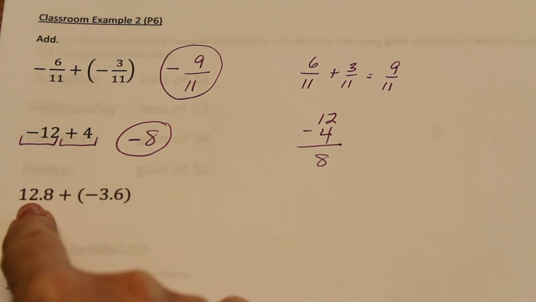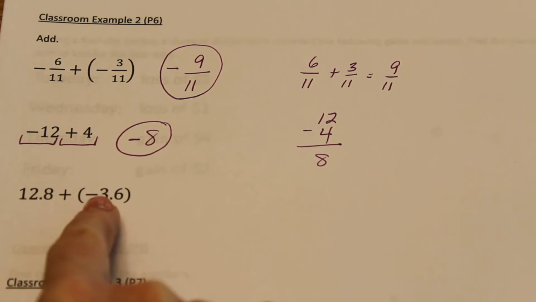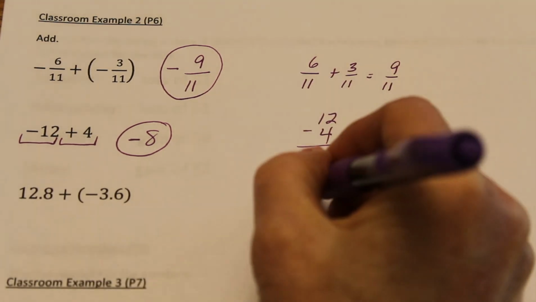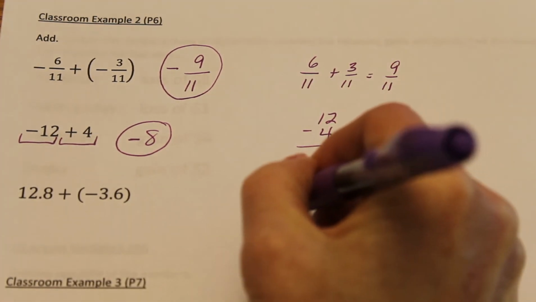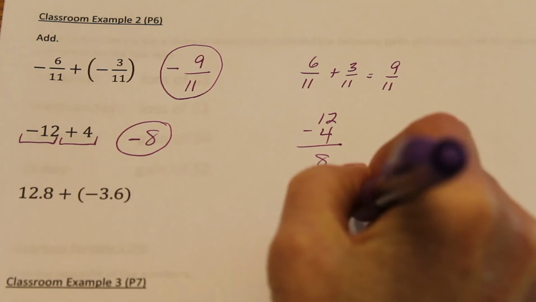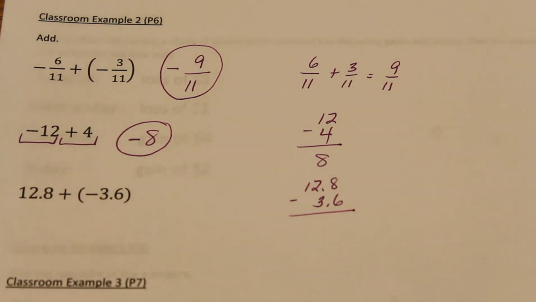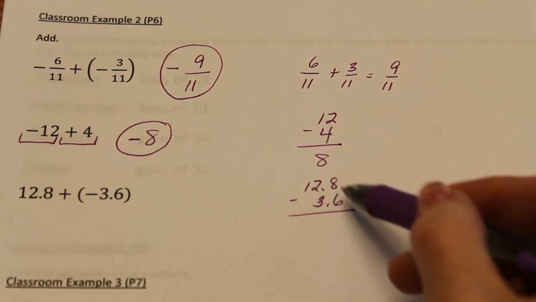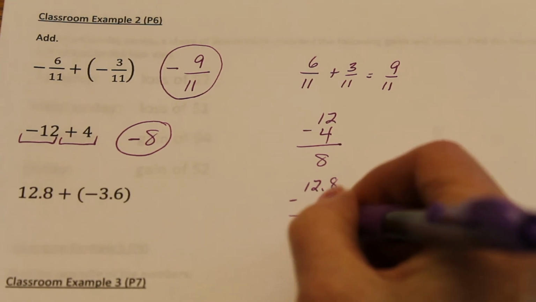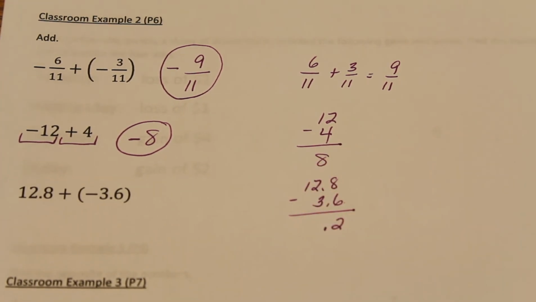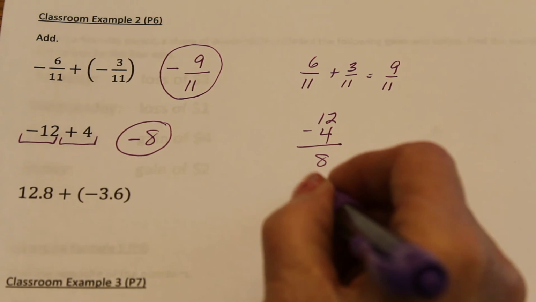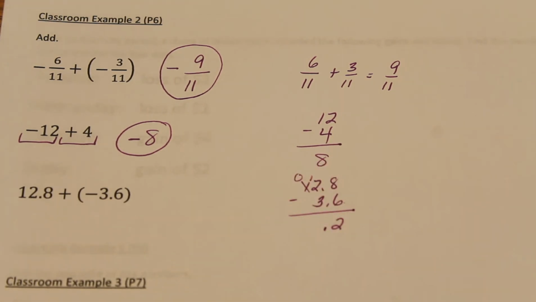All right, here's a positive 12.8 and here's a negative 3.6. Opposite signs, you subtract. What is 12.8 minus 3.6? And you're not allowed to use a calculator yet till chapter 2, so 8 minus 6 is 2. Line up those decimals real nice. 2 minus 3 can't be done, so we'll rename or carry or regroup.